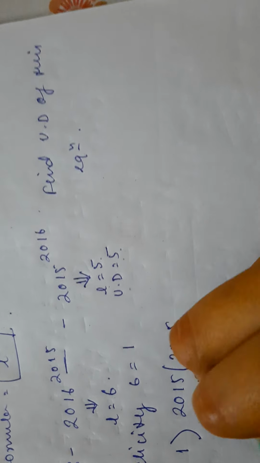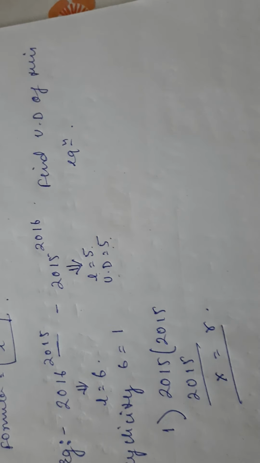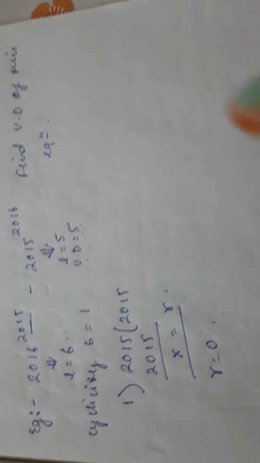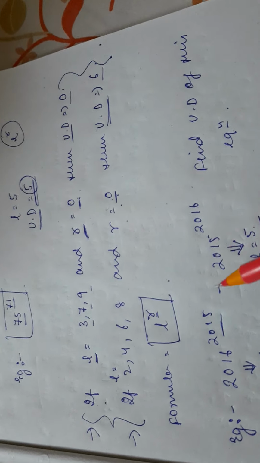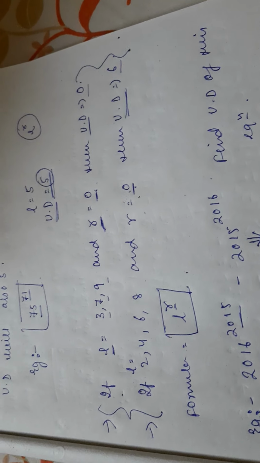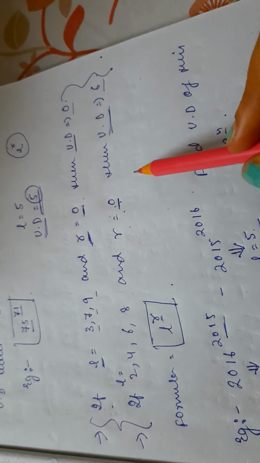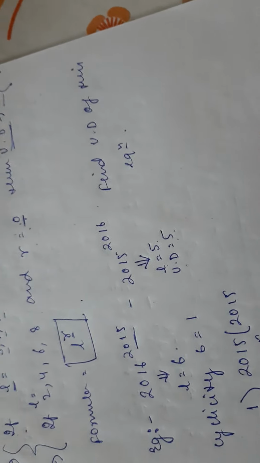Obviously, with 1, if you divide, what will you get? You will get a 0 remainder, right? Your remainder is 0. As per my exceptions, as I have told earlier, if your last digit comes between 2, 4, 6, 8 and your remainder is 0, then your unit digit will be 6.